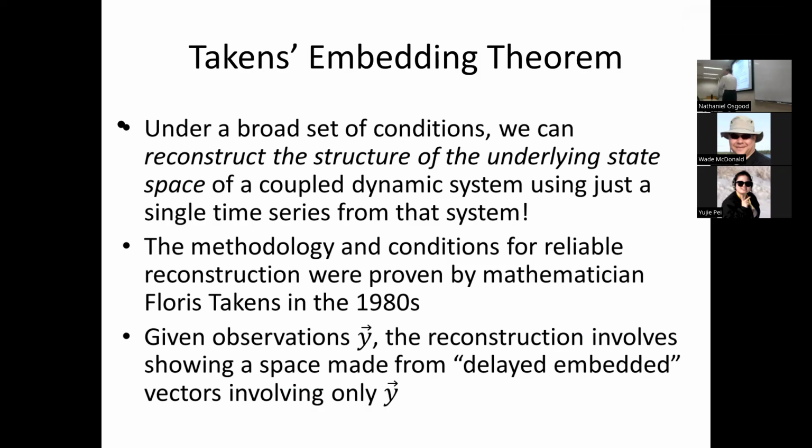Or something basically the same as it, except it's stretched and deformed, but it retains its topological structure. It retains its fundamental structure. Maybe stretched a little bit and pulled, but it's not disrupted, it's not torn in any way. Using just a single time series from that system.